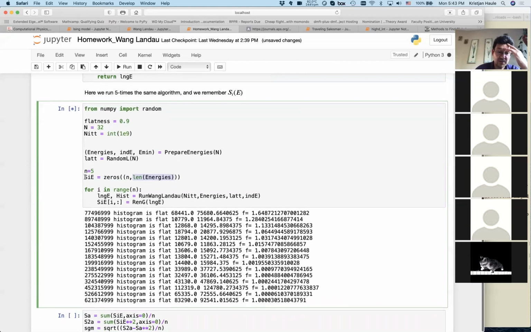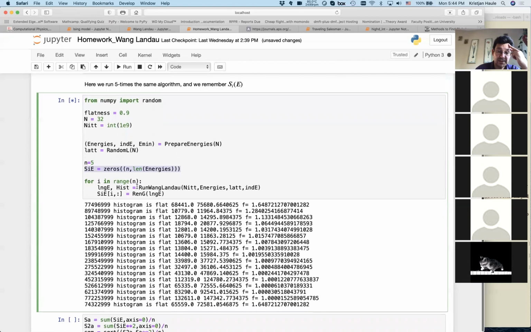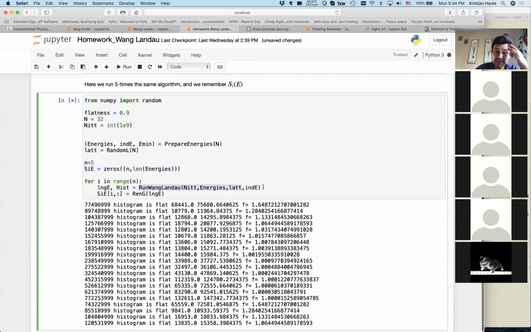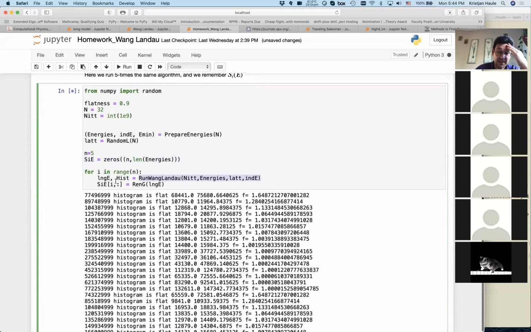So this will contain the logarithm of the density of states for all 5 runs. This is our output in this calculation. Then we run Wang-Landau 5 times in this loop over n, and every time we get the logarithm of the density of states and the histogram, and then we save the logarithm of the density of states into this allocated array.